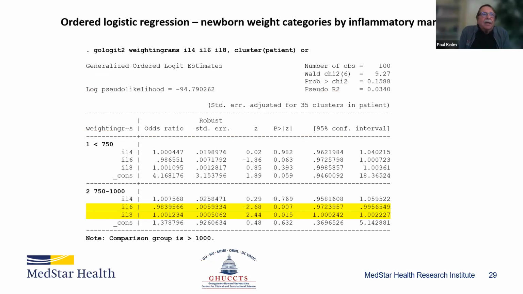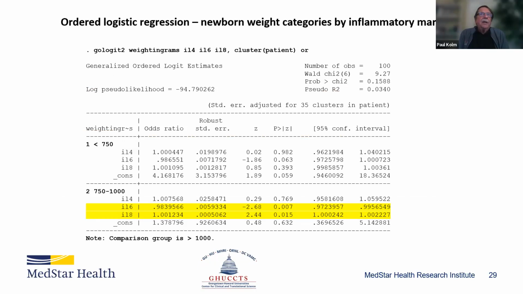So now let me give you an example of an ordered logistic regression, newborn weight categories by inflammatory markers. And so now we're looking at weight in grams as a function of these inflammatory markers, and we have 3 here: IL-4, 6, and 8. And we could have looked at weight as a continuous variable, which it is.